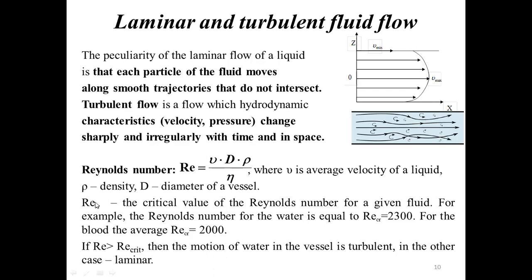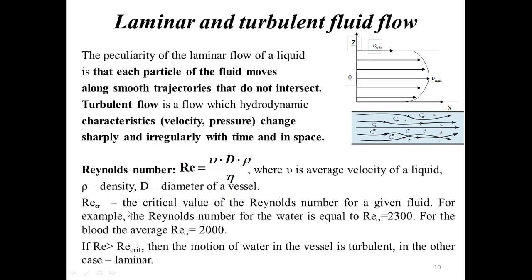For each given fluid we have a certain critical value of the Reynolds number. For example, the Reynolds number for water equals 2,300. The critical value for blood is 2,000.